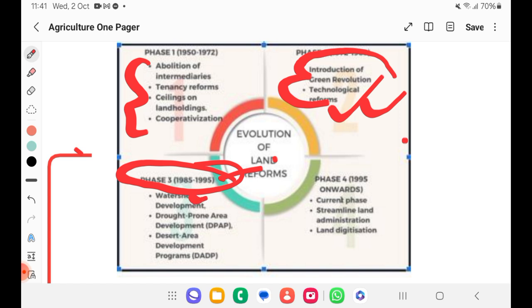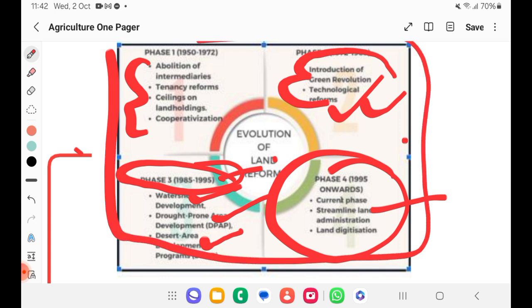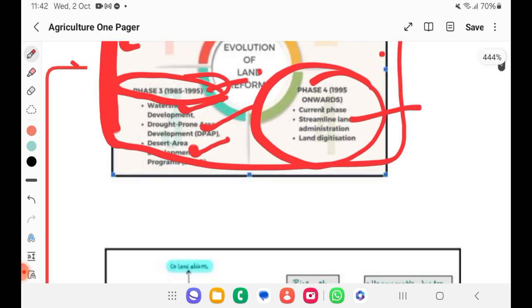Watershed development program, drought prone area development program, and then desert area development program, that is DPAP, DADP. Then we have phase 4, that is streamlining the land administration and land digitization. These are the 4 base phases as the measures we have taken up for land reforms.